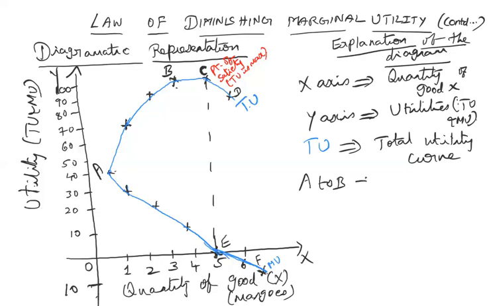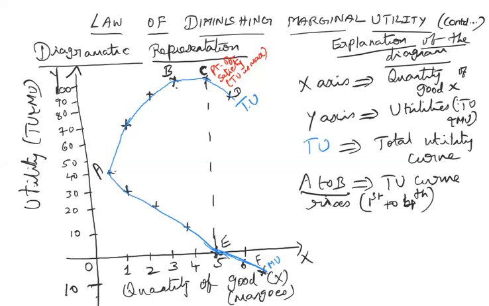The total utility curve rises, between the first and fourth unit. From the first mango to the fourth mango, the total utility is increasing. That means the total satisfaction of the consumer is increasing when he is consuming from the first mango to the fourth mango.